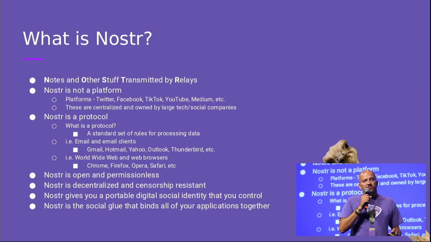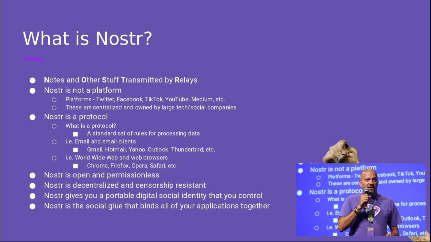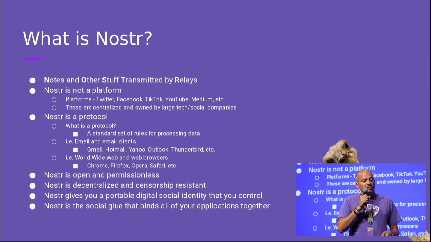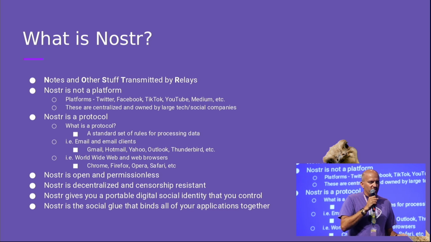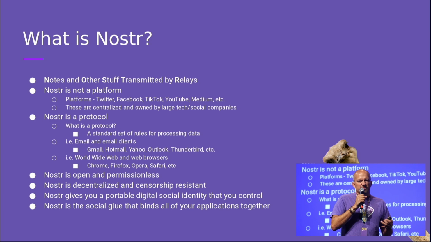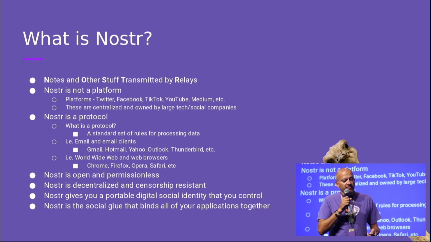Nostr is decentralized, though, more so than the web is nowadays and more so than email is nowadays. Nostr is decentralized because anybody can run any portion of Nostr that they want to. They can build any portion of Nostr that they want to. They can build some of the server infrastructure. They can build some of the apps that we use on our phone.